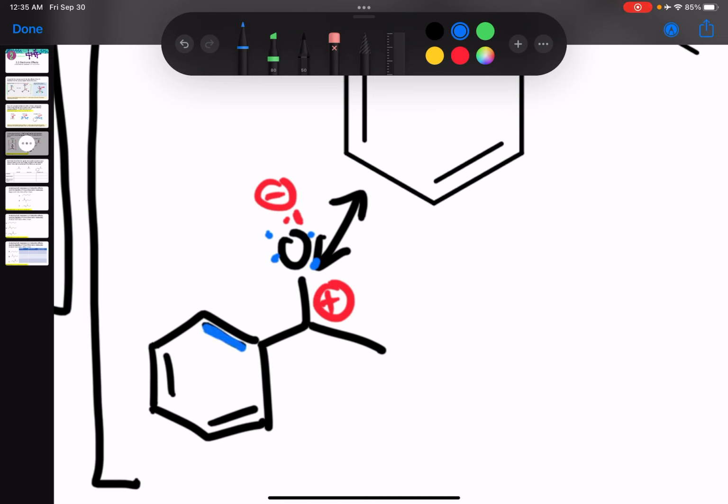Perhaps we can turn this into a blue one, this into a green, and this one into a red. Our goal is to see if the positive charge can be spread out through resonance structures.